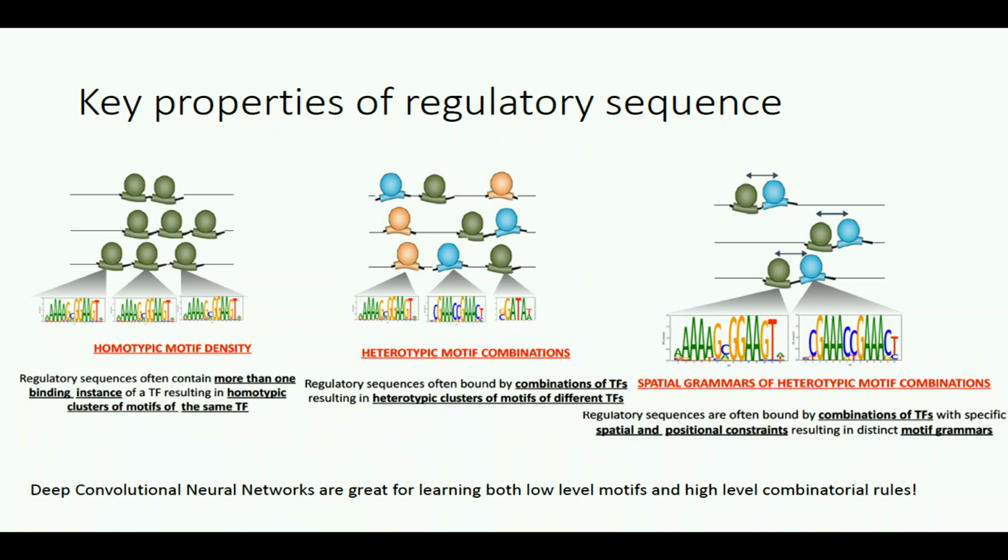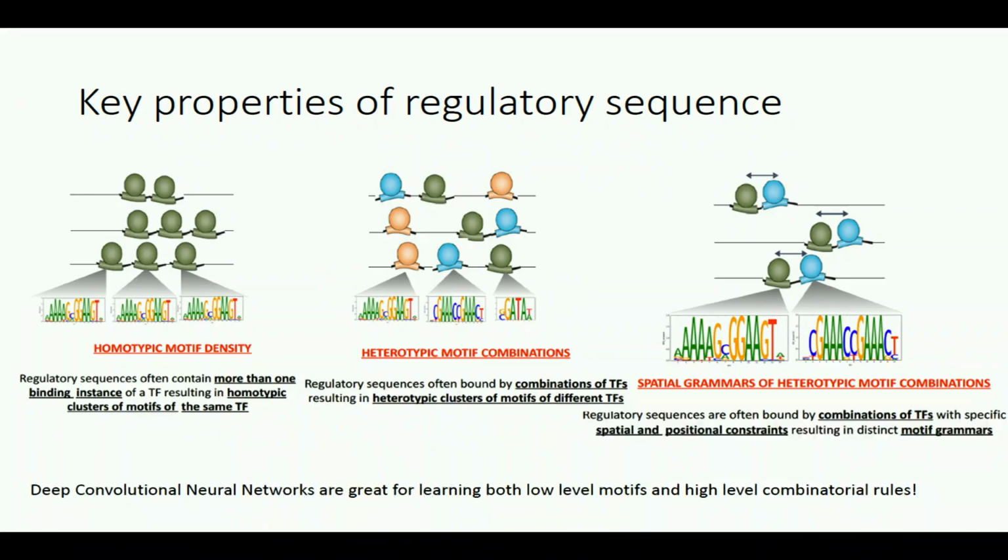And then there's this combinatorial interaction effect between different motifs, where sometimes the sequence can contain more than one binding interface, and sometimes they are bound by multiple transcription factors. So we have this combination of vocabulary, and when the vocabulary appears together, they have certain distances, which might vary by what function they perform.